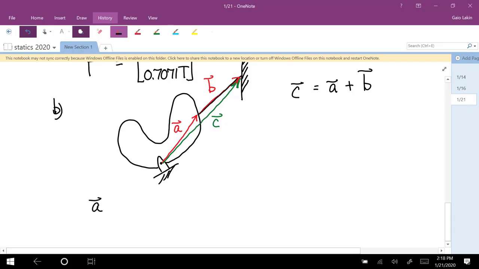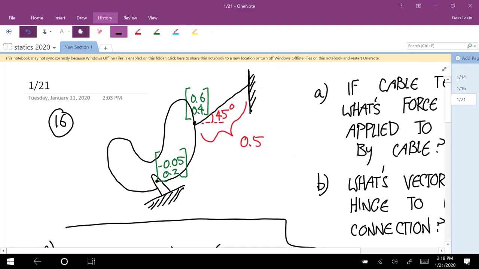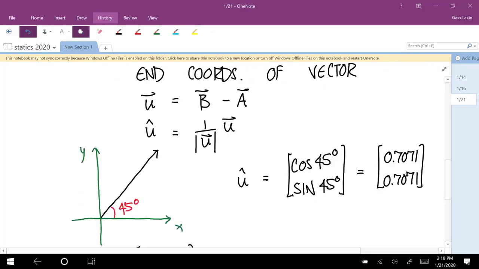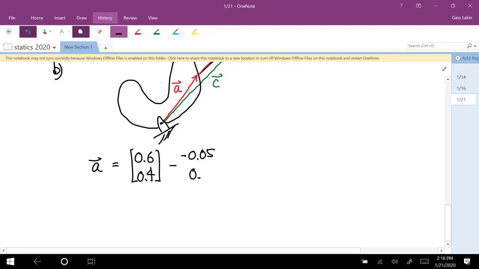So A is equal to the coordinates of this point, 0.6, 0.4, minus negative 0.05, 0.2. So that vector A is 0.65, 0.2.